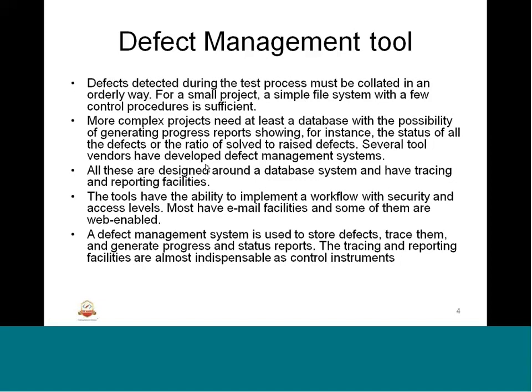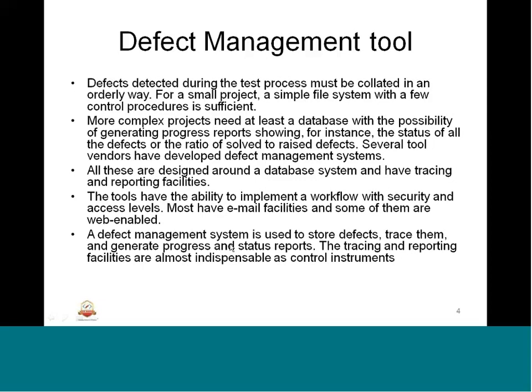And also, as defects are opened, closed, in progress, or on hold, we can set up notifications by email, and some of them are web enabled. So you can trigger that in the web itself, so that once the stages have moved, automatically the communication will happen to the respective stakeholders.